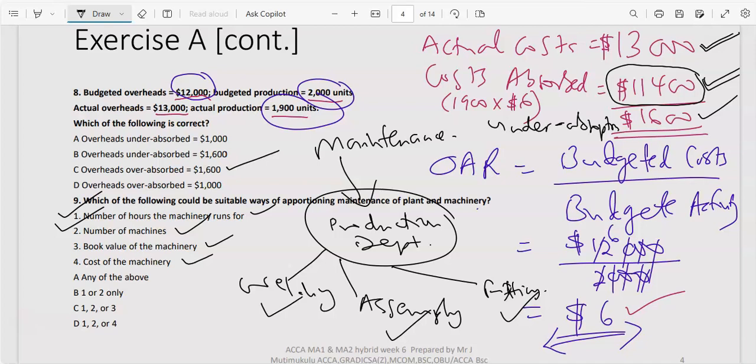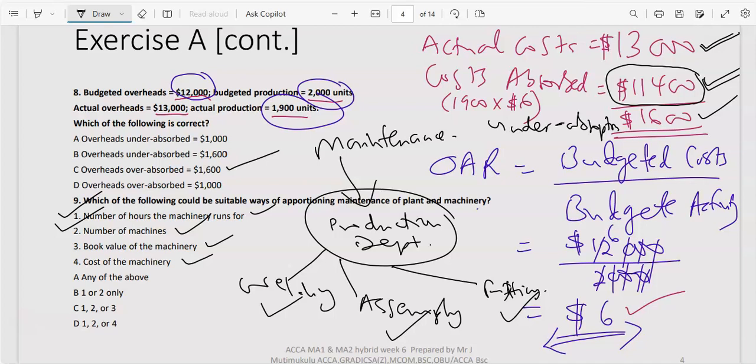What about the book value of the machinery? The book value of machinery is dangerous. Why? Because sometimes some machines would be very old, and because of depreciation, they would be appearing in our books at very low values. But that doesn't mean that the expense for repairs would be minimal.